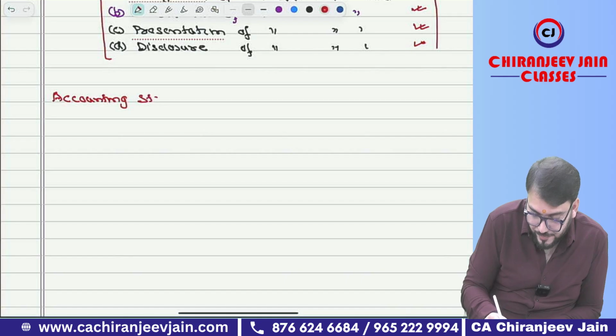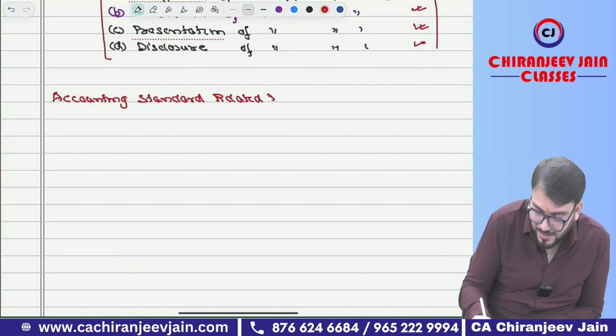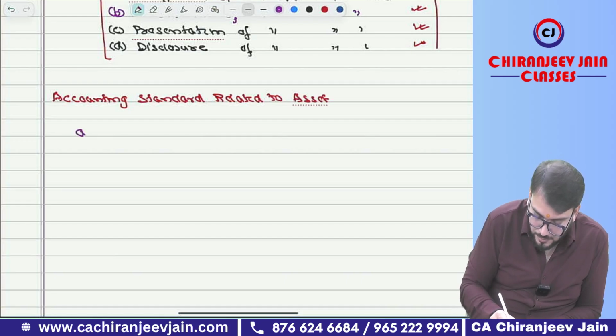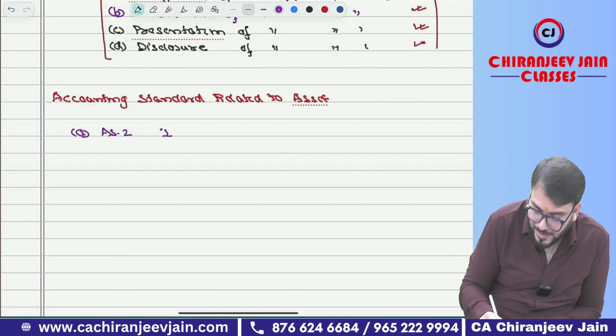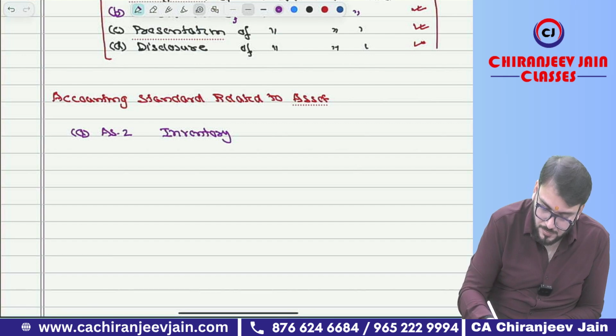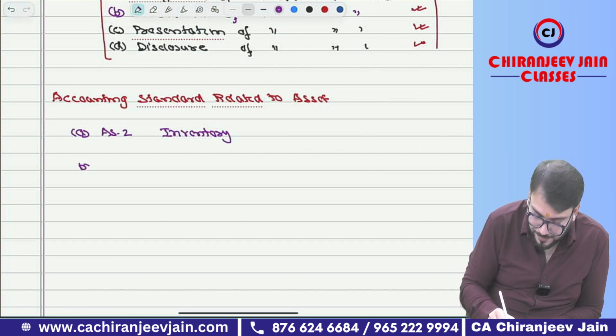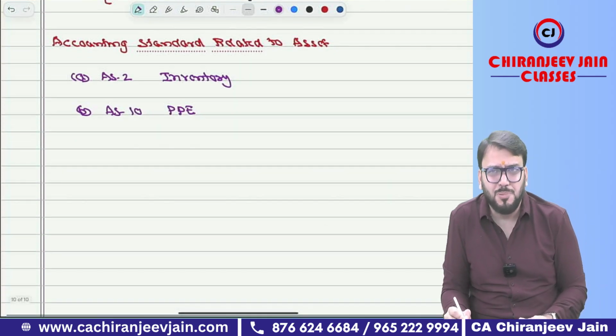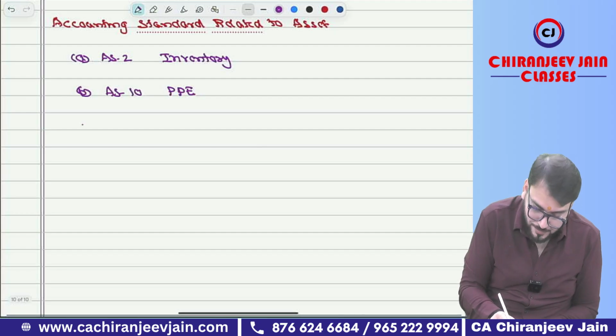Accounting standards that are related to assets. We have AS2, write down, for inventory. Then we have AS10, that is for PPE, property, plant and equipment. Write down PPE only.